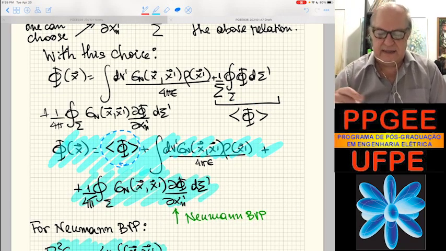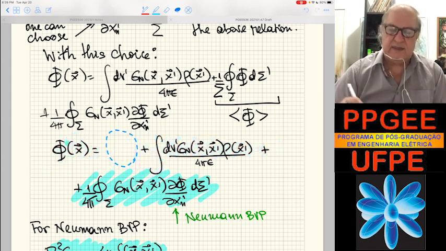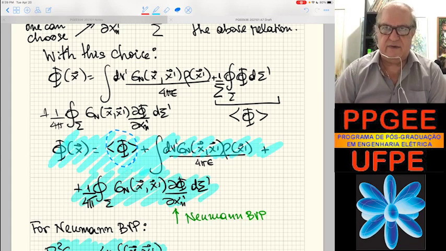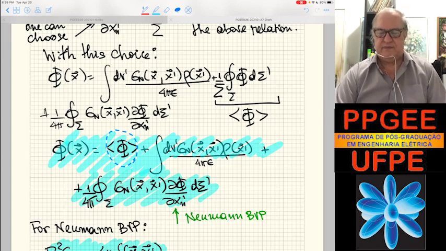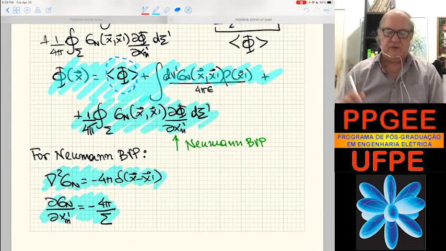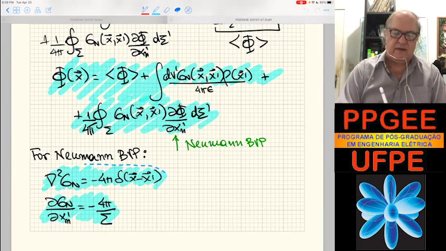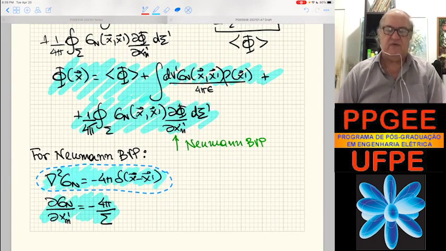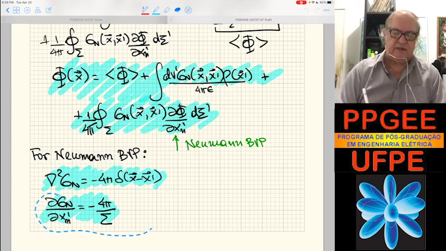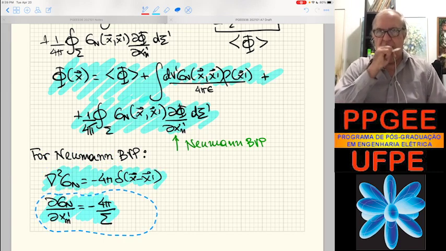But recall that this is a constant that is not going to affect the E field, because the gradient of this constant is 0. Right? So for the Neumann boundary value problem, what we do is to solve for the Neumann Green function, which is a solution of a problem with a point charge, in which the normal derivative of the Green function on the surface is constant.